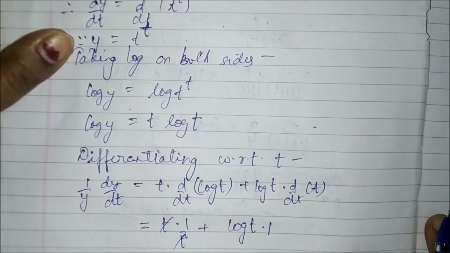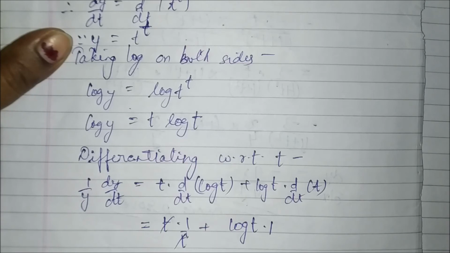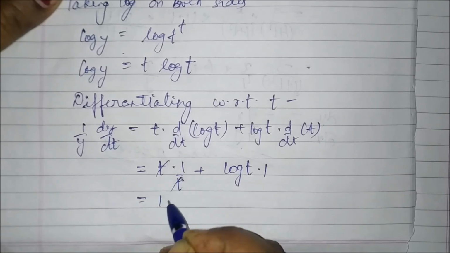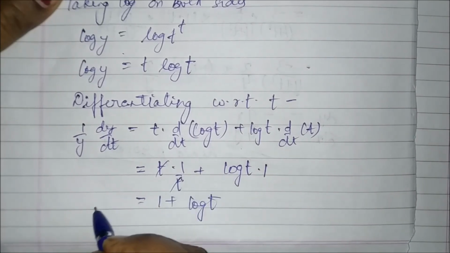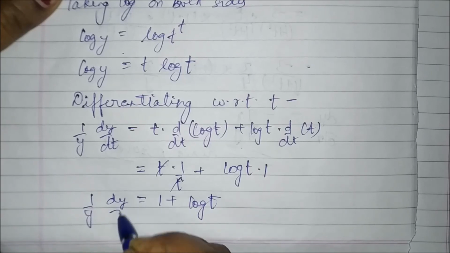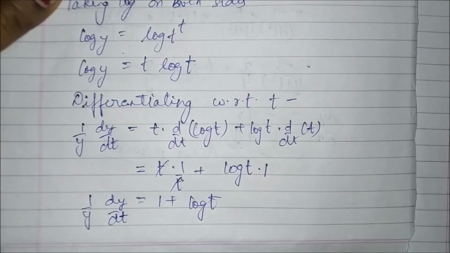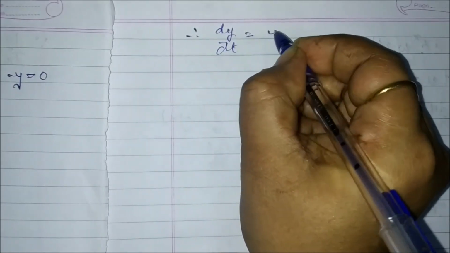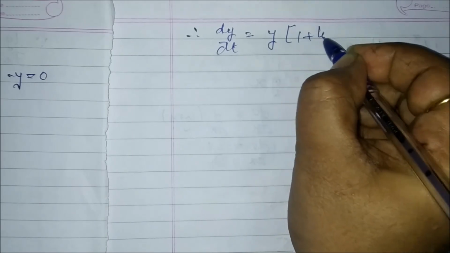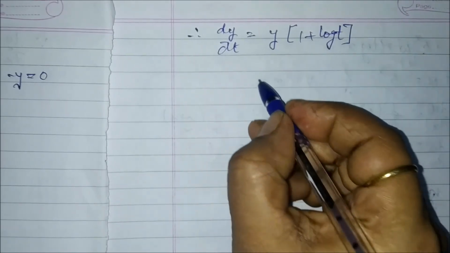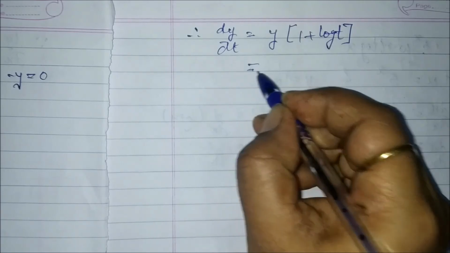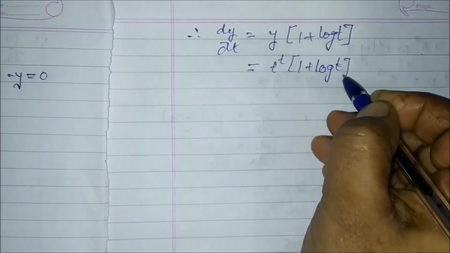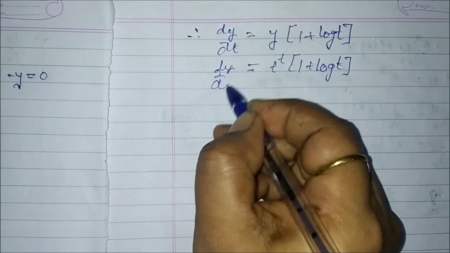This t will cancel out and we get 1 plus log t. So 1 by y dy by dt is equal to 1 plus log t. Therefore dy by dt is equal to y into 1 plus log t. What is y? y is t raised to t. So t raised to t into 1 plus log t. This is dy by dt.